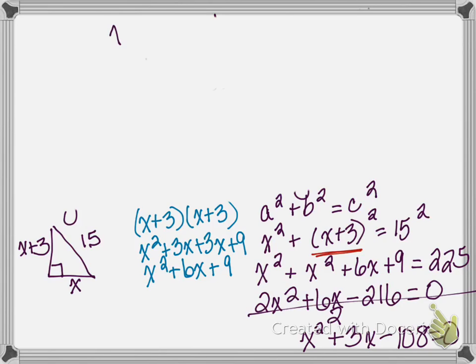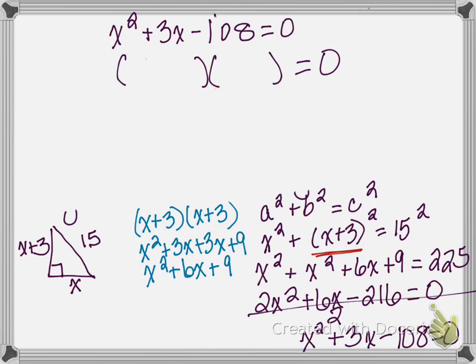Okay, x squared plus 3x minus 108. This is factoring that I would expect you to know or be able to do. What is it, 12 and 9? The 12 is going to be positive, and the 9 is going to be negative.